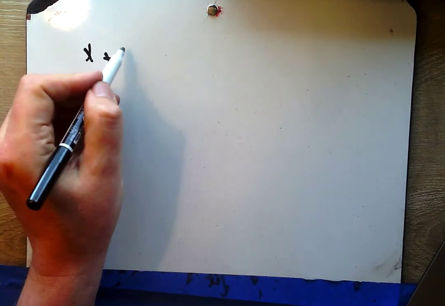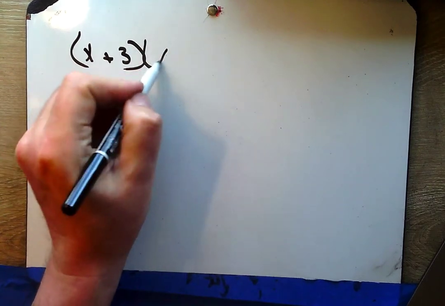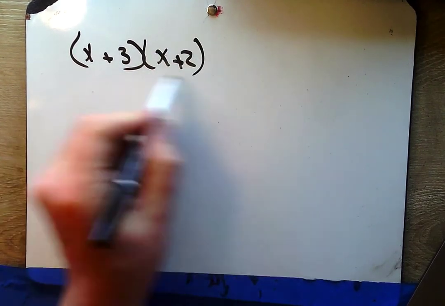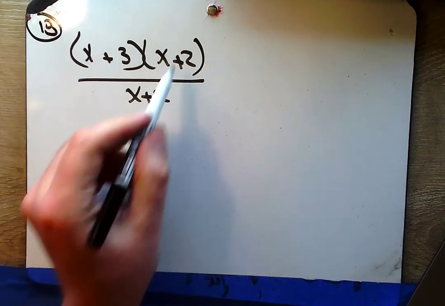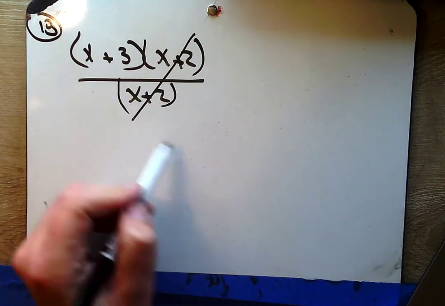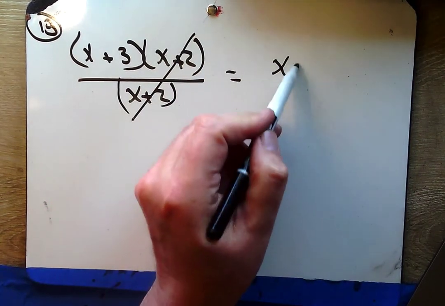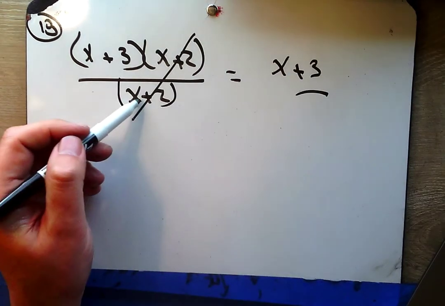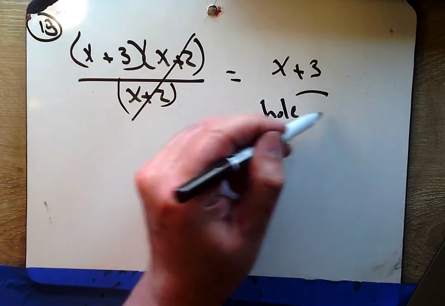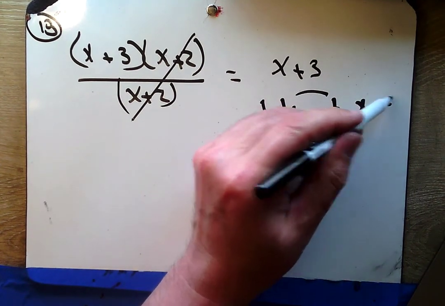All right, 2 more. Oh, we've got some factoring to do here. (x plus 3)(x plus 2) over (x plus 2). And this is problem 18. Oops, these cancel. And so really all I have to graph is the line y equals x plus 3. Don't forget, there's a hole at x equals negative 2.